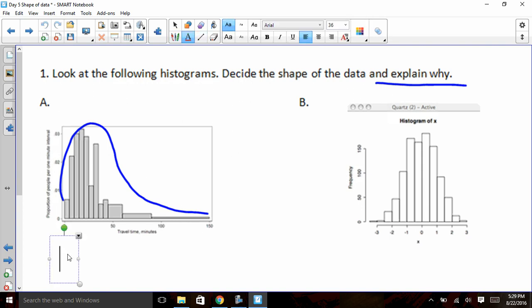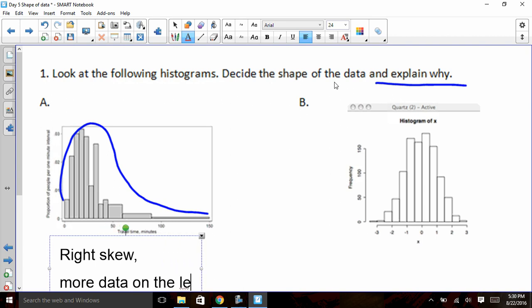So if my tail is on my right, that means that this must be a right skew. Why? More data on the left. Tail on the right.